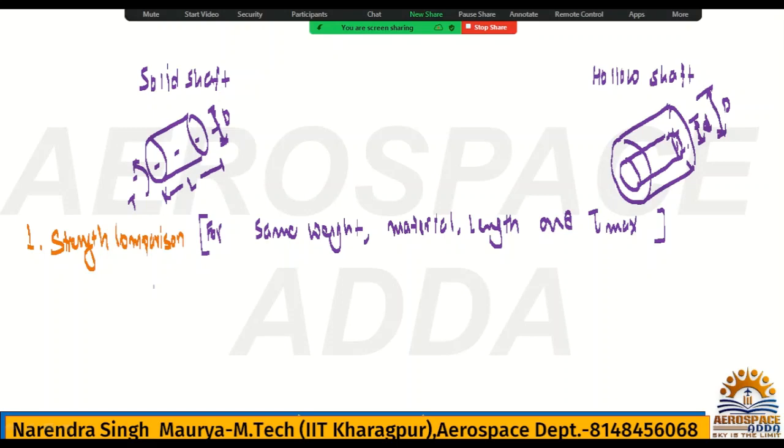Strength comparison means you are going to check the twisting moment for both shafts, solid and hollow: which one can sustain and resist more twisting moment. That's the meaning of it. Okay, so the formula, as I told you, derivation is not required here. You remember the formula only, that's all. So what is the formula?